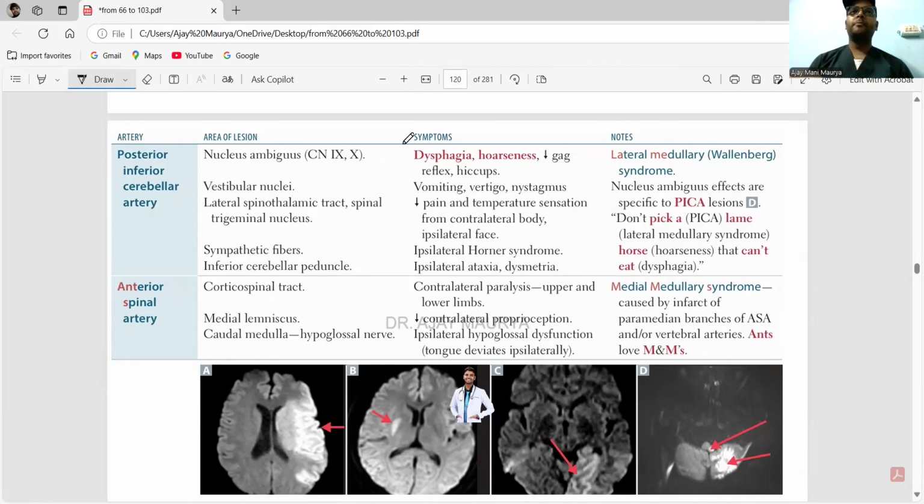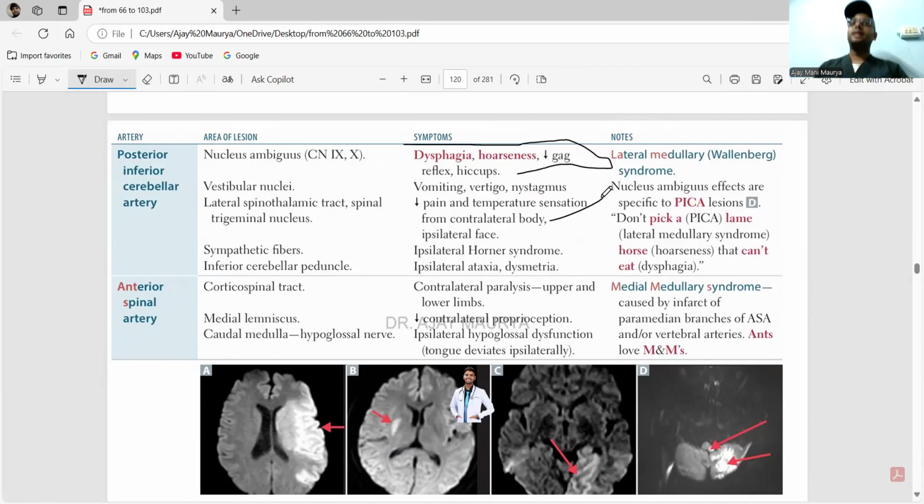This is the main important one: there is dysphagia, the patient can't swallow, there is hoarseness of voice, and the gag reflex for the 9th and 10th cranial nerves also decreases. So dysphagia is the main important finding for LMS. Also vomiting, vertigo, nystagmus, and decreased pain and temperature sensation from the contralateral body, meaning the opposite side.